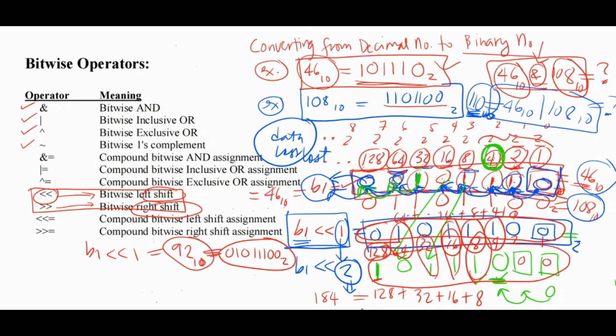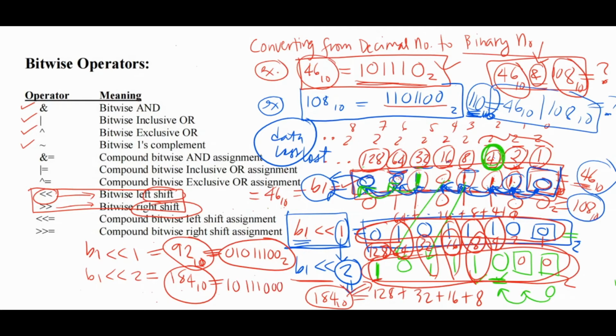This 184 is base 10, a decimal number, and the equivalent binary of this decimal number is this one here, the base 2, which is the B1 shift left twice. So in summary, B1 shift left twice is equal to the decimal number 184, which is equivalent to 10111000 base 2.